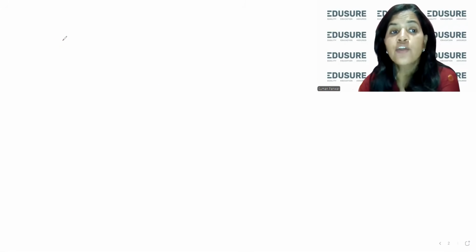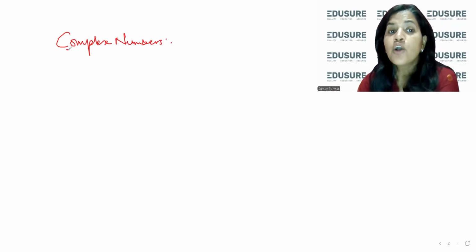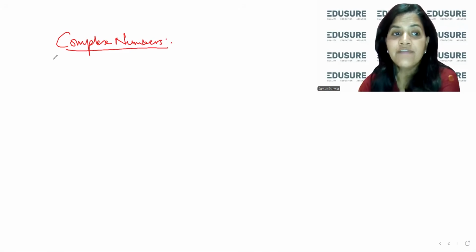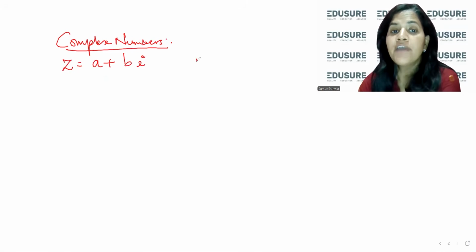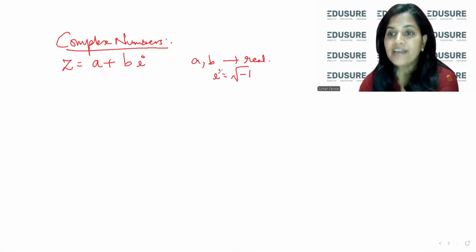So what are complex numbers? Complex numbers are defined as z equals a plus bi, where a and b are real numbers and i is the square root of minus 1.